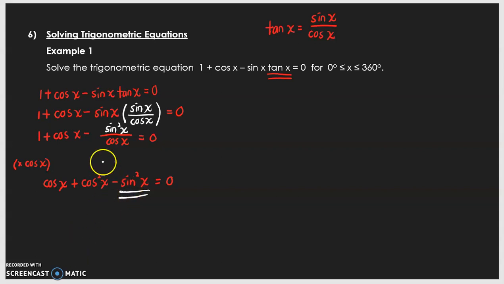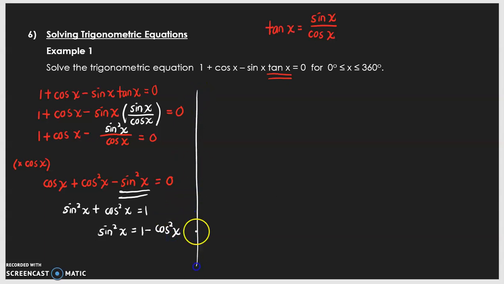So how are we going to change? As you all know, we have one formula which is sine squared x plus cos squared x is equals to 1. So means that sine squared x also equals to 1 minus cos squared x. So next step, I will change sine squared x into 1 minus cos squared x.